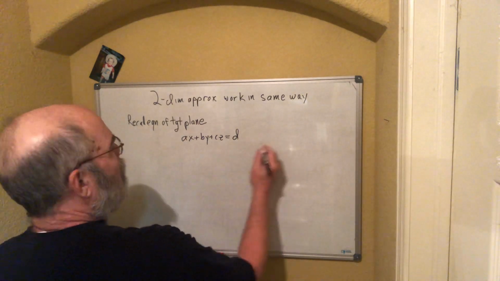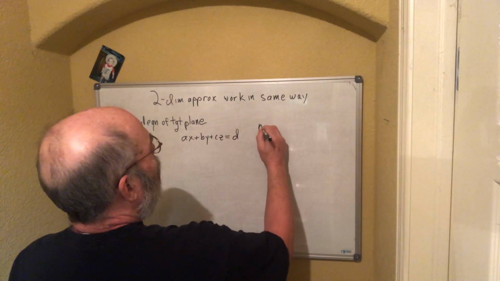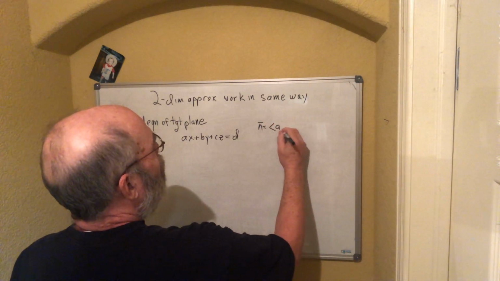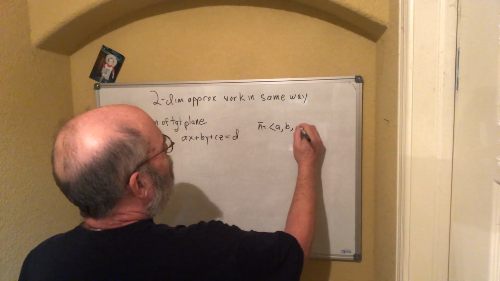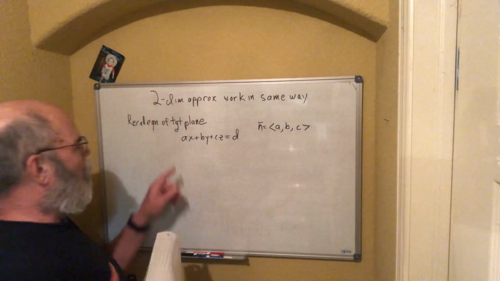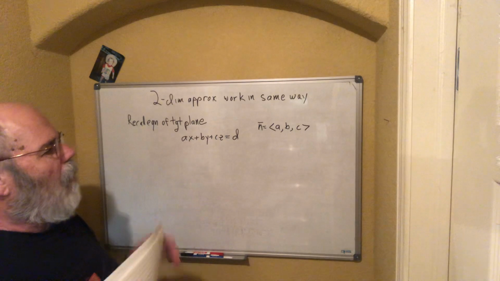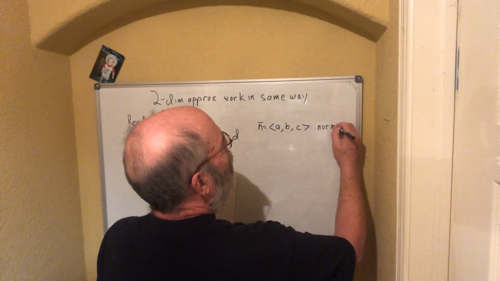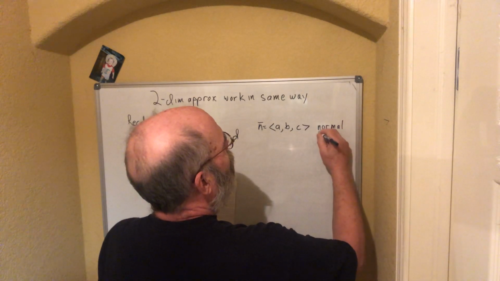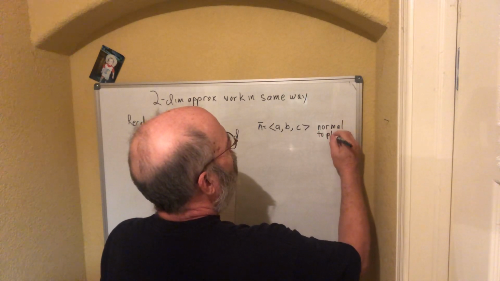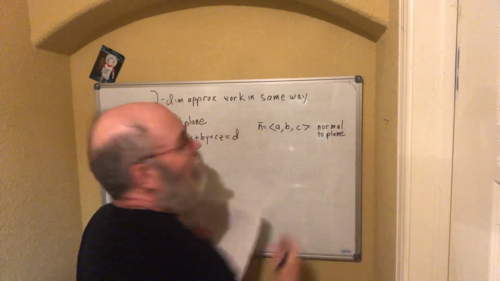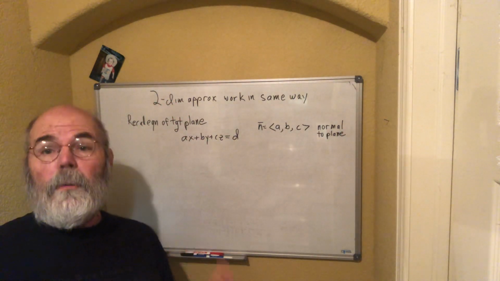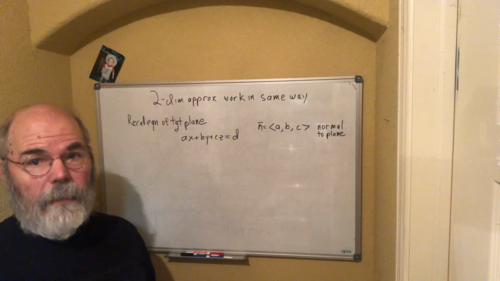Remember that in this expression, n was a 3-dimensional vector whose components are these A, B, C coefficients. And remember that the way we work this out, that vector is the perpendicular vector to the plane, right?